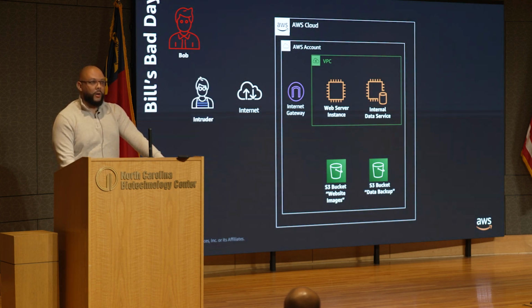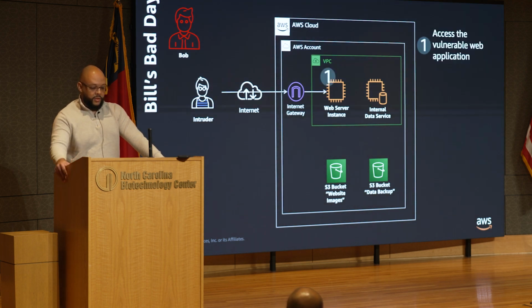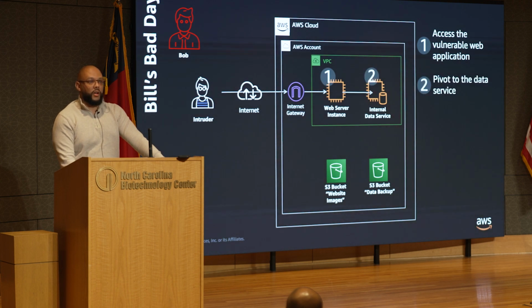So the first thing that happens is an attacker takes a look at this application, and they run their suite of really cool tools, and they find out there's some vulnerabilities in this unprotected web server application. So they access it, and they compromise the underlying host, the underlying instance.